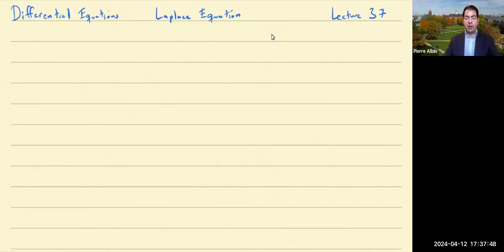Hello, and welcome to Differential Equations. This is lecture 37, the Laplace equation. Last time we talked about the wave equation.